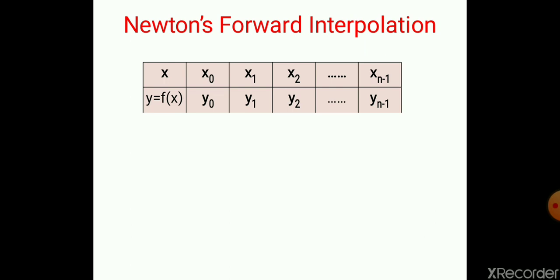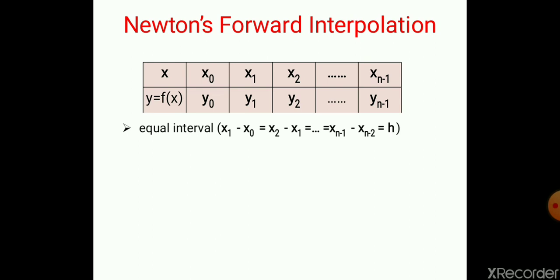And if you want to find the intermediate value of y for any x, you can use the Newton forward interpolation. So basically equal interval is what? The difference x1 minus x0 should be equal to x2 minus x1, up to the n number of times.